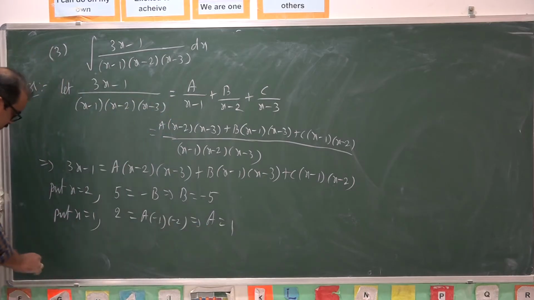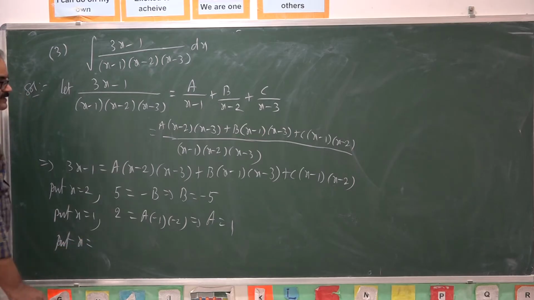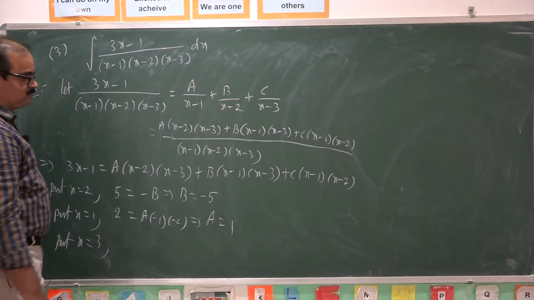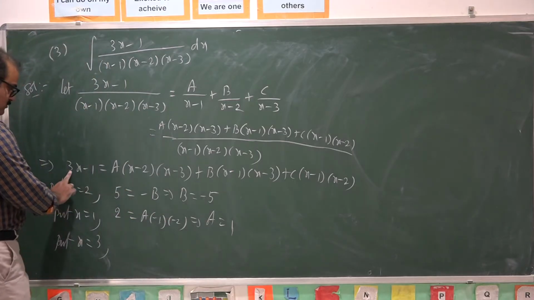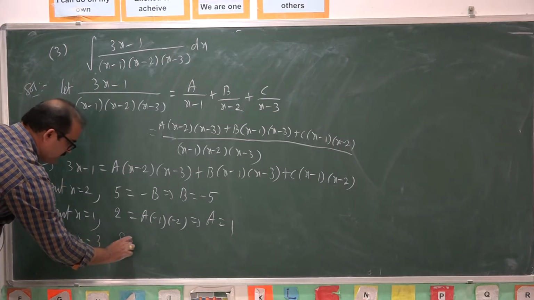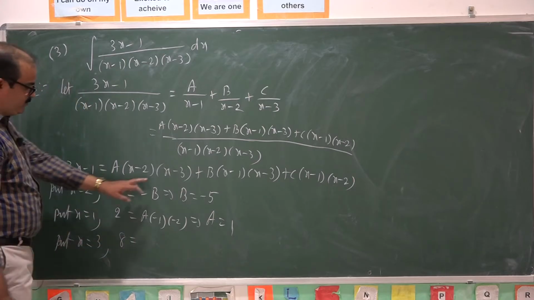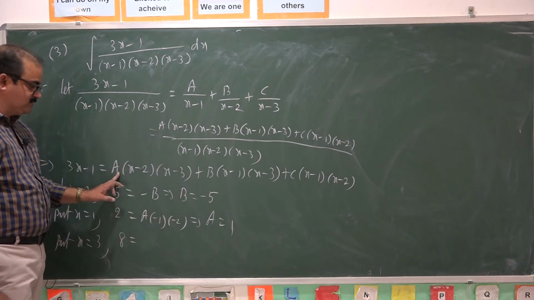Next, put x is equal to 3. If you put x is equal to 3, what do we get? 3 into 3, 9. 9 minus 1, 8, is equal to: 3 minus 3, 0. 0 into anything, 0.